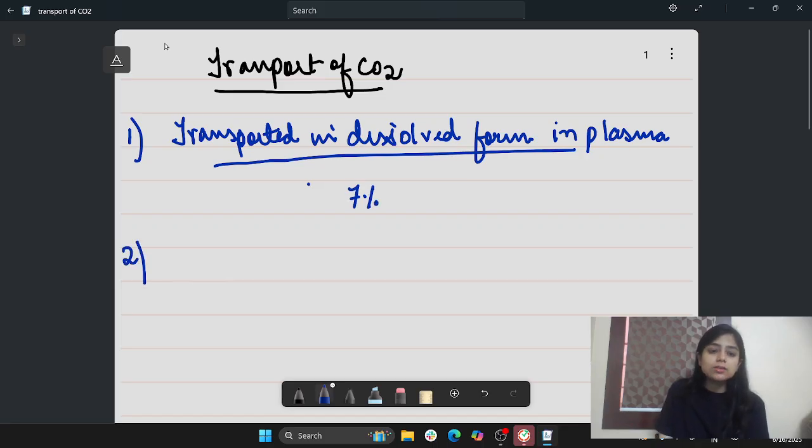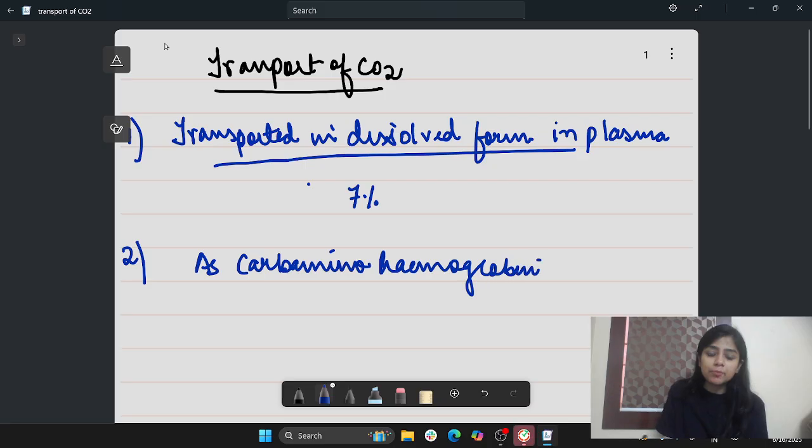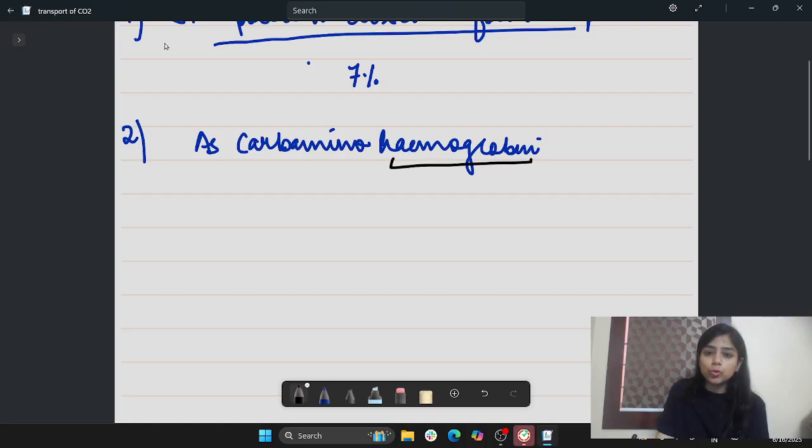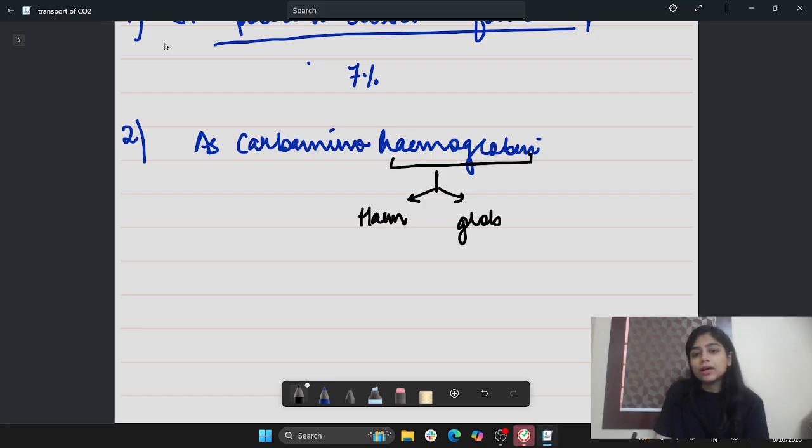Number two is as carbaminohemoglobin. You know very well, students, that hemoglobin is a respiratory pigment, and it has two parts: the heme and the globin. The globin is a protein, so it's made up of amino acids.